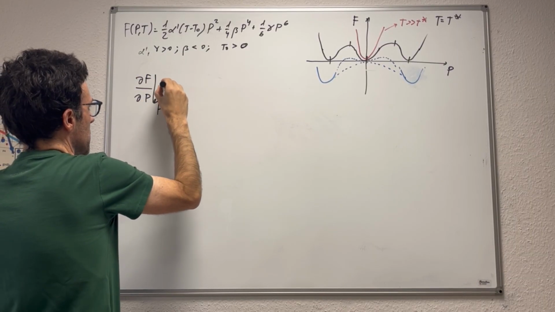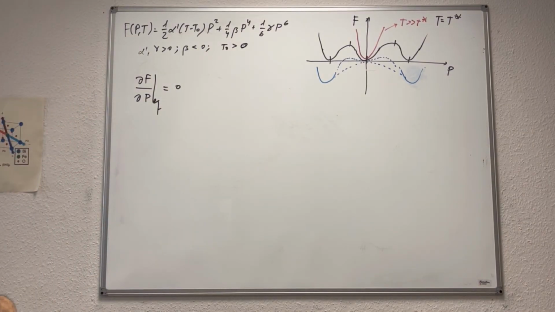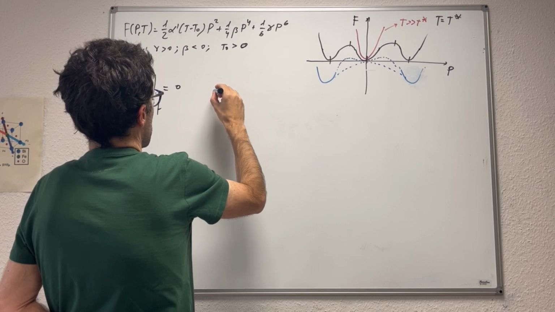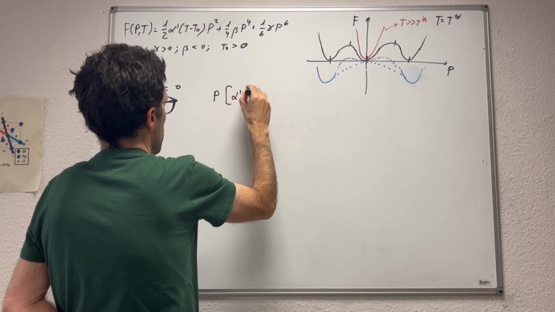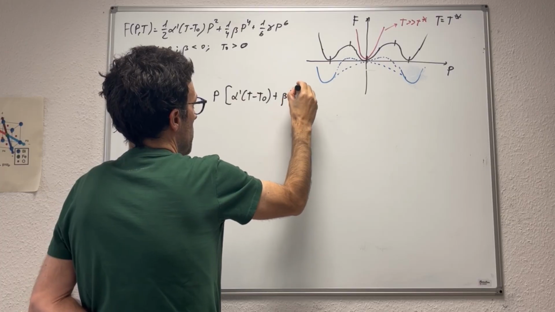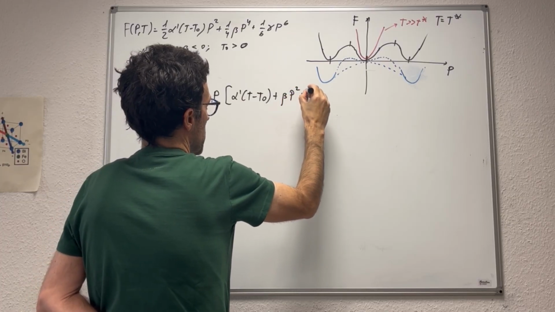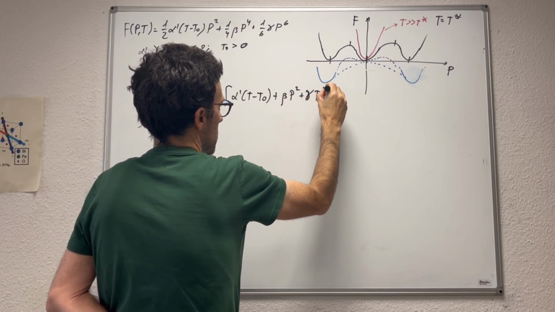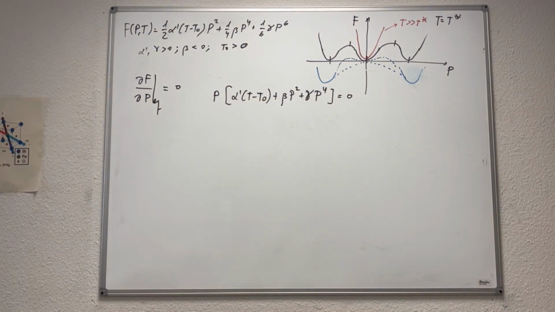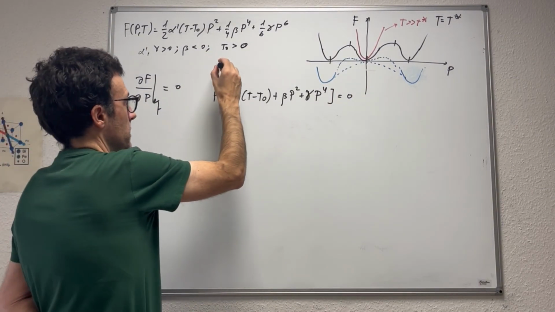So we need this first derivative of f with respect to p to be 0, and that means that we have something like this: p alpha prime, gamma, equal to 0. And we are, of course, always working at 0 applied electric field.